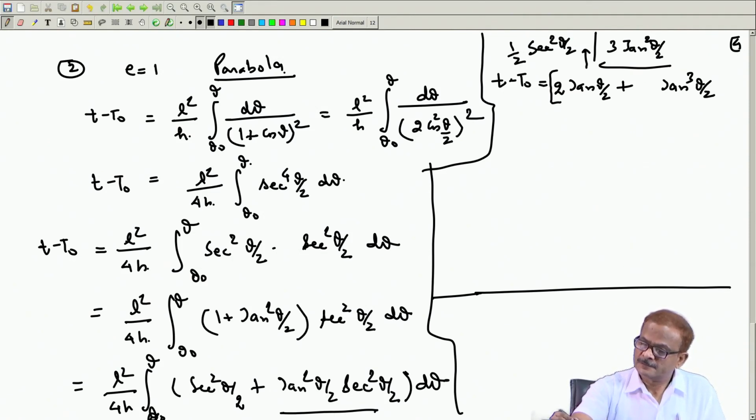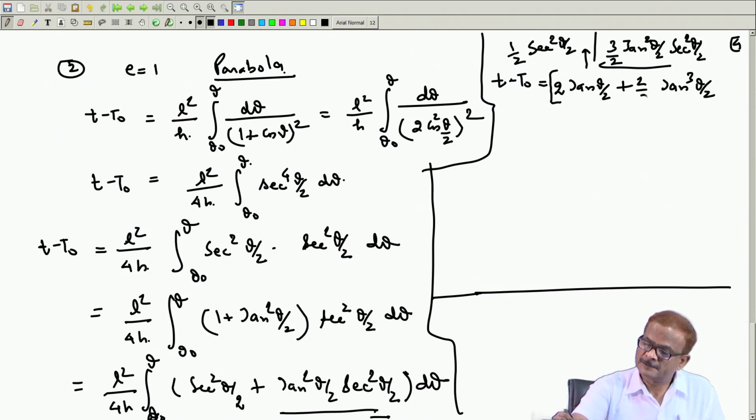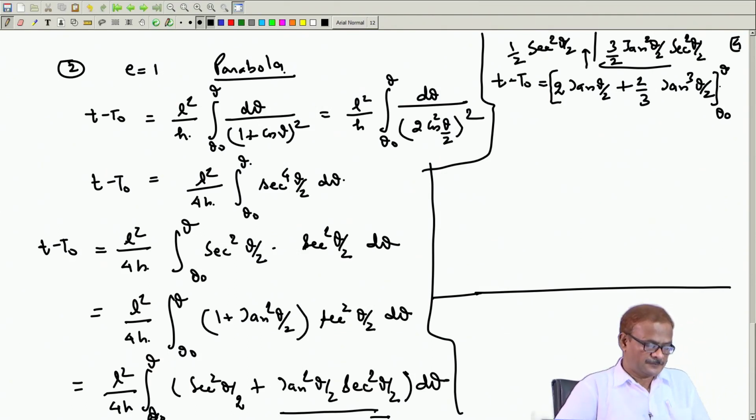We are differentiating first the tan to the power 3 theta by 2, and thereafter we differentiate tan, so that becomes sec square theta by 2, and then 1 by 2 especially appears. So, this is the situation, and here it is given only tan square theta by 2. So, we should multiply here by 2 by 3 to eliminate all these terms, and finally we put theta equal to 0 to theta as the integration limit.